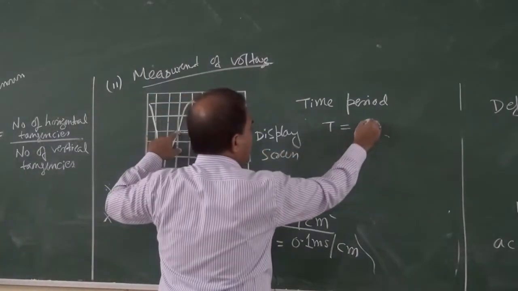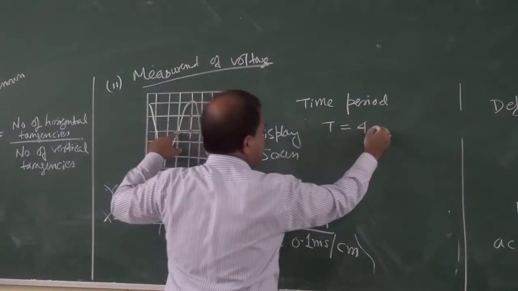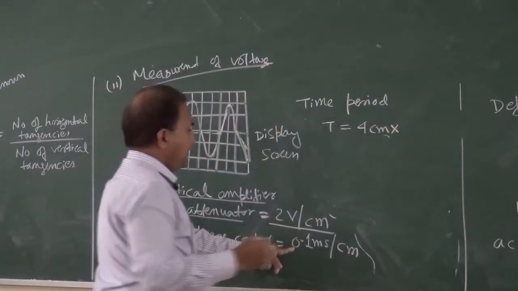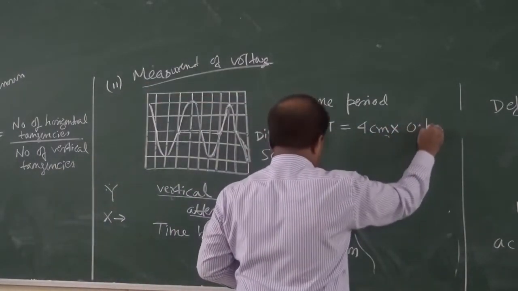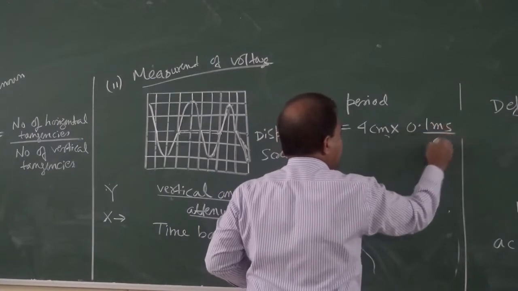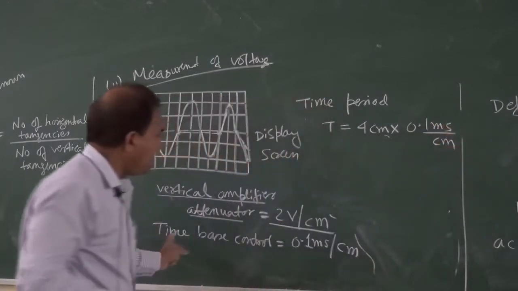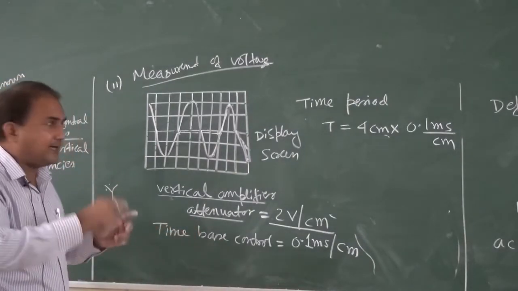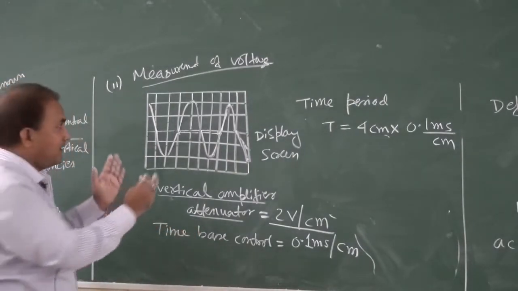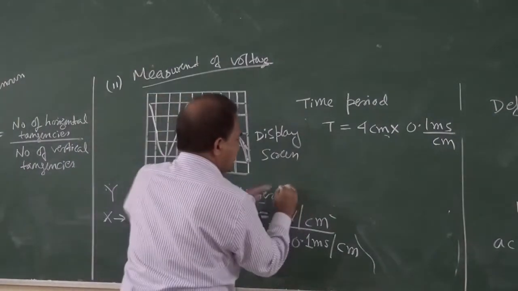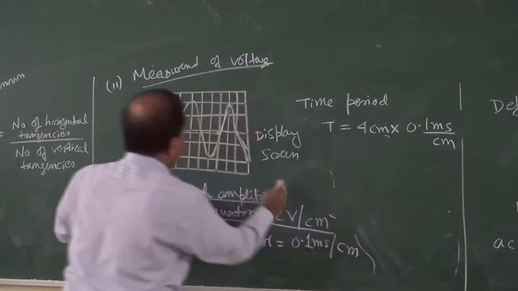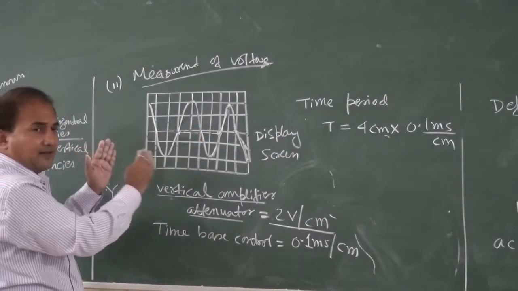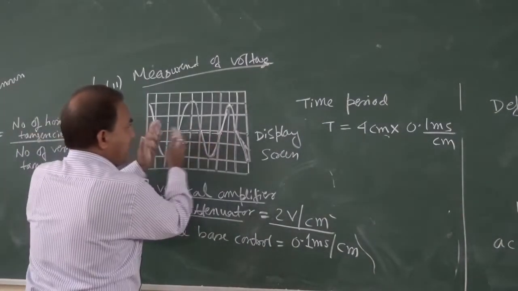Time period is equal to 4 centimeter into 0.1 millisecond per centimeter. This is the time base control. If the time base control is increased or decreased, then what will happen? It will vary horizontally.